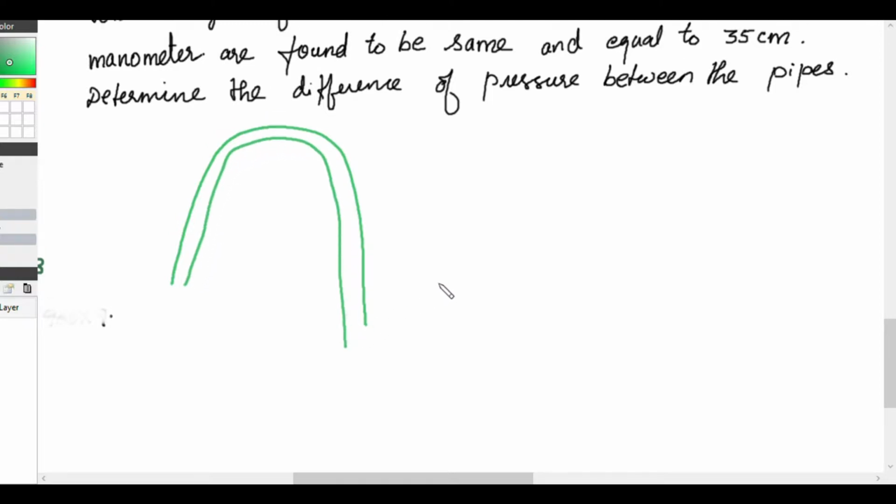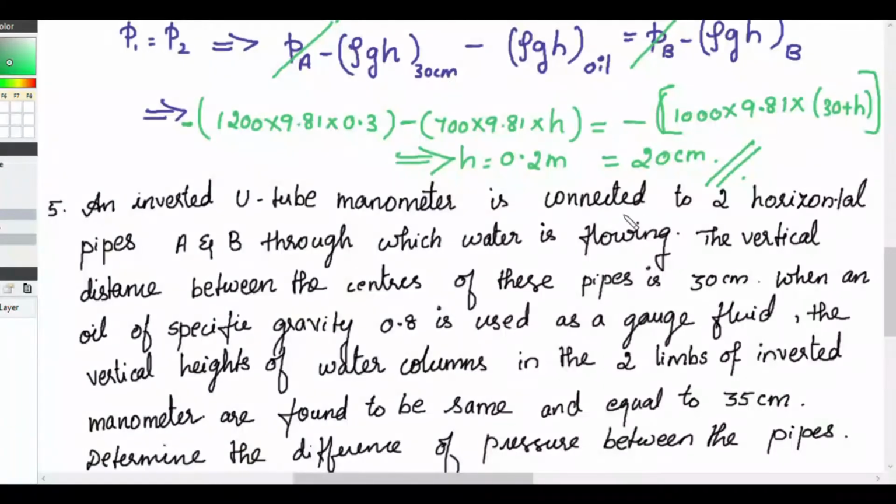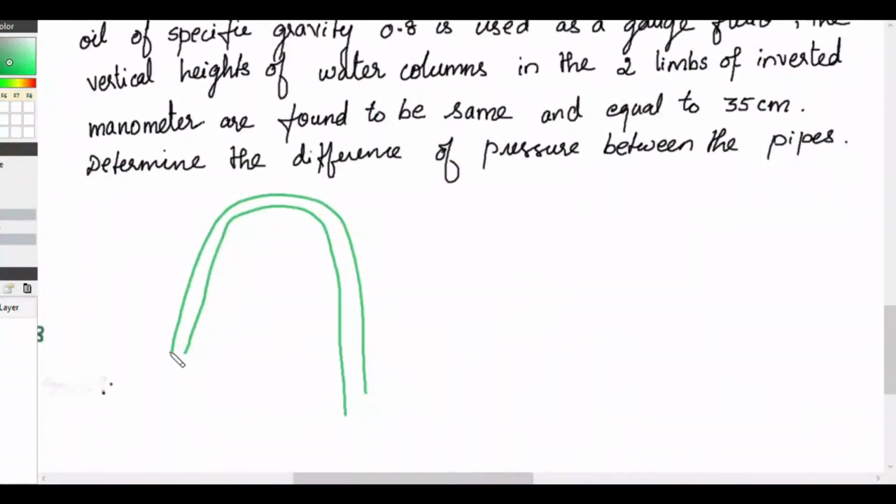So an inverted U-tube manometer is connected to two horizontal pipes A and B through which water is flowing. The vertical distance between the center of these pipes is 30 centimeter. So there is a difference between these pipes, right?